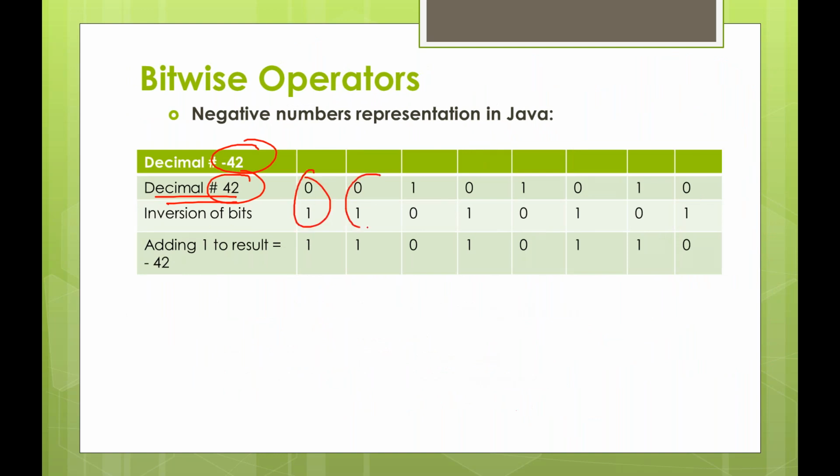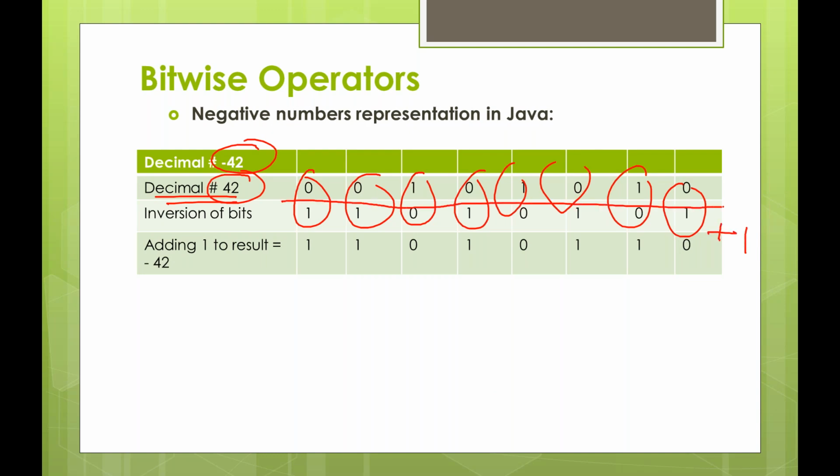As you can see, zeros are converted to 1 and ones are converted to zeros. Then we add 1 to it, and we got this result: 1 1 0 1 0 1 1 0.